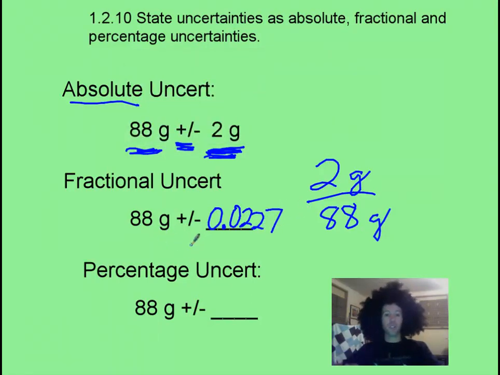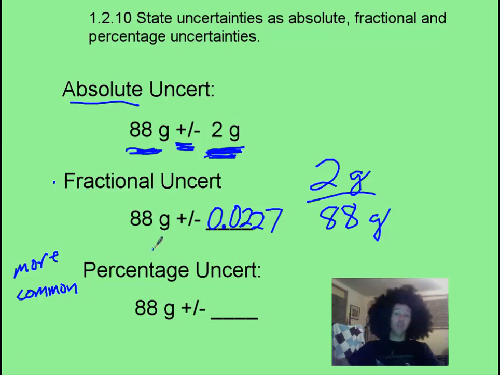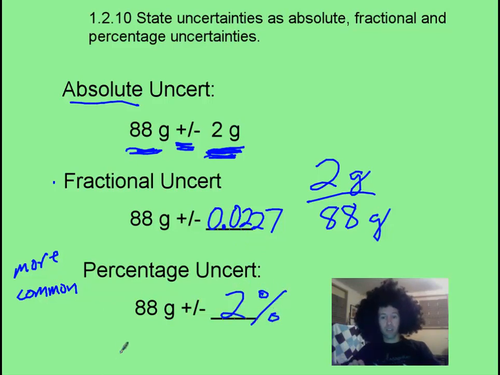And you always express a fractional uncertainty as a decimal. It's actually not very useful, this fractional uncertainty. The more common way to do it is you take that fractional uncertainty and express it as a percent by multiplying it by 100. So this is 0.02, which rounds to about a 2% uncertainty.